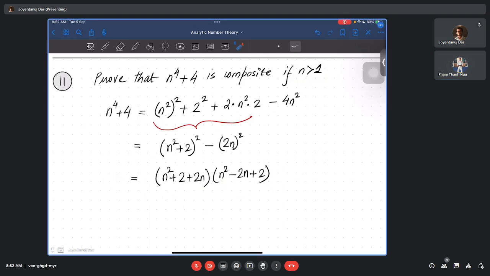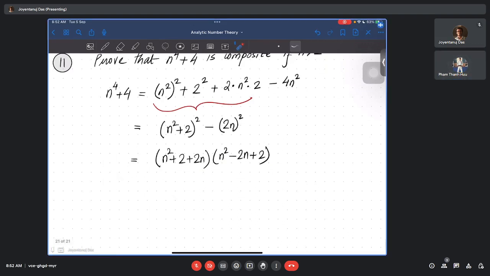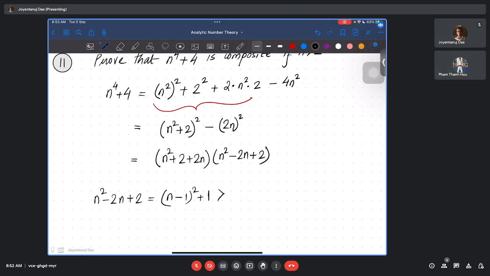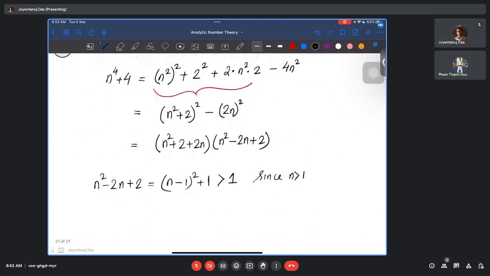We have n square minus 2n plus 2, and adding and subtracting 1, it is n minus 1 whole square plus 1. This is greater than 1, because n is greater than 1. Hence n power 4 plus 4 is composite.